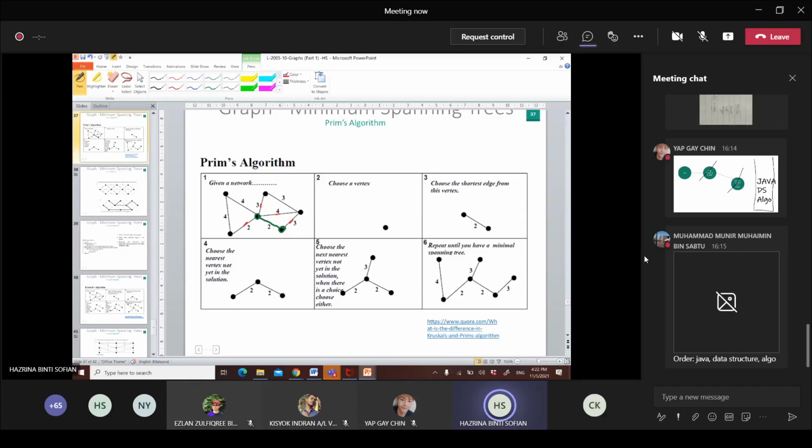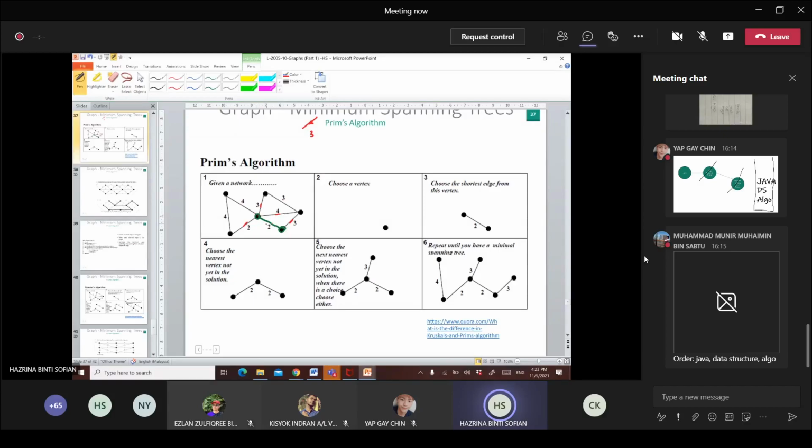So usually one of the ways is to write down 3, because we can have this 3. Okay, so between 2 and 3, we choose 3. Okay, so we choose 2.